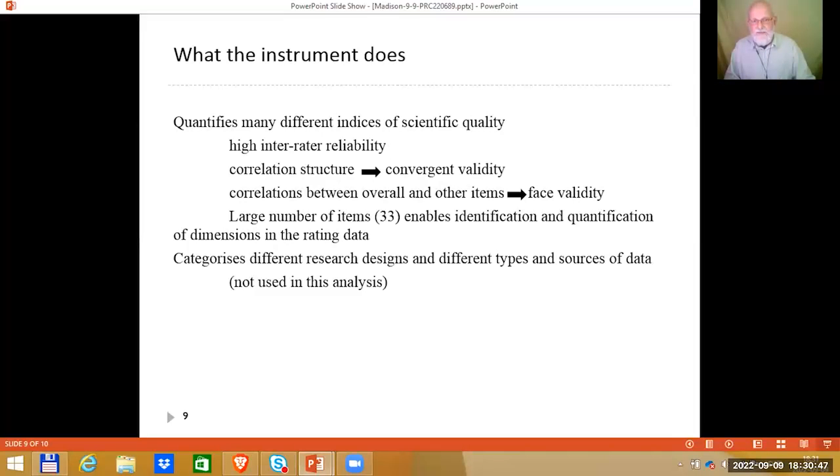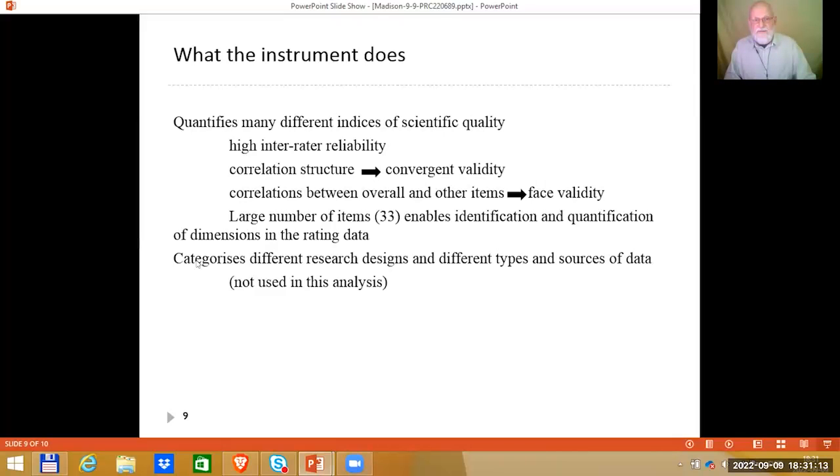The correlation structure points to high convergent validity. And the structure also points to a good face validity. And because there are so many items, it is possible to identify many different dimensions in the rating data. We could just as well have used each item separately or only a few of them.